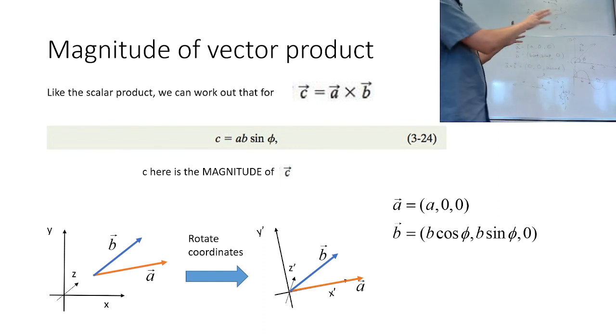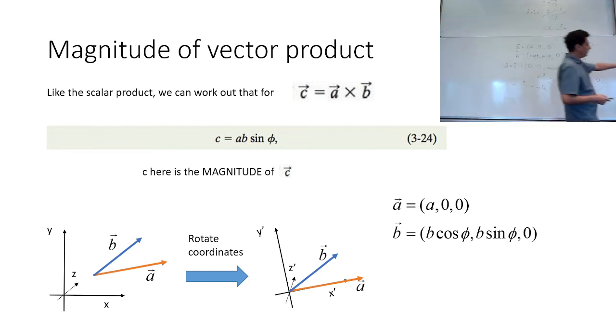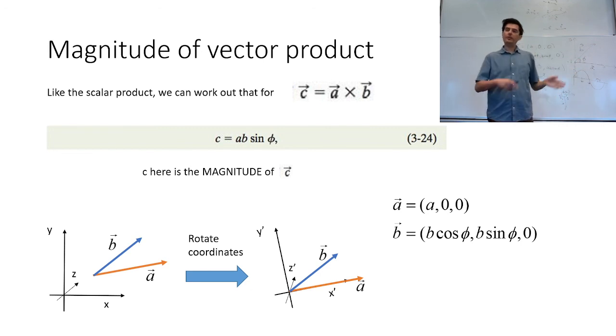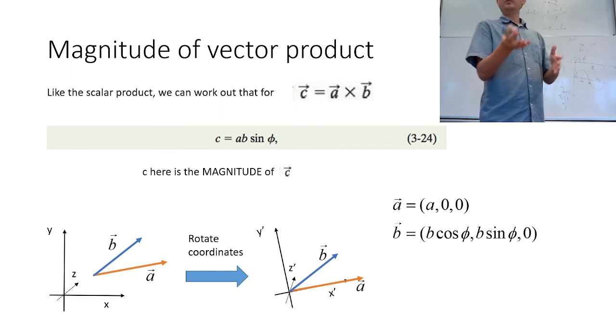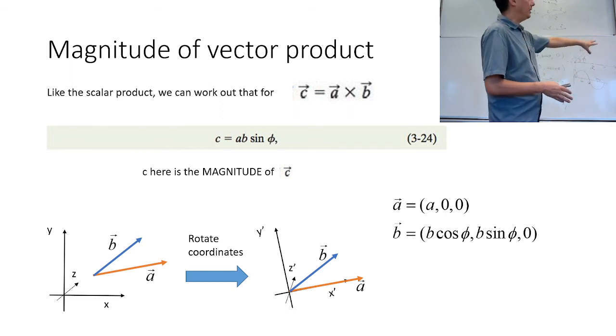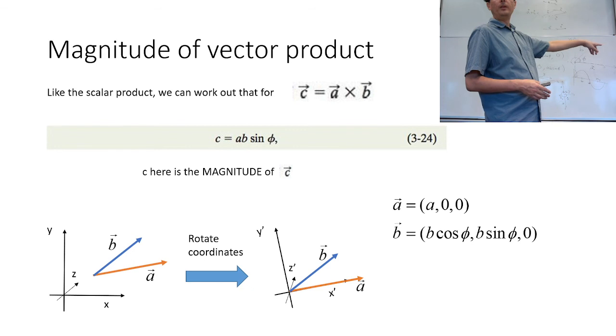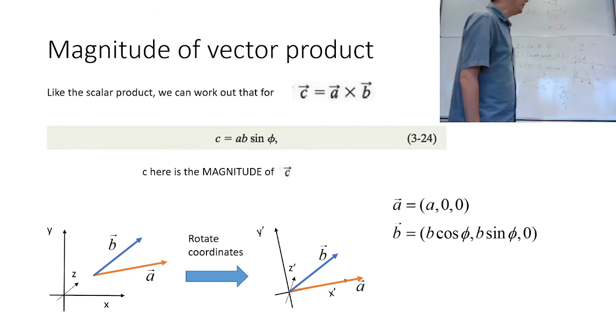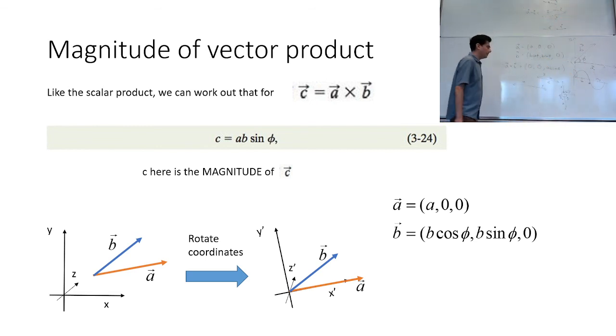And this formula is just looking at the magnitude anyway. The easiest way is to look at the smaller angle, and that would give you the magnitude. Then for the direction, you use the right-hand rule. So that's the line of thinking for this formula, where you work out the magnitude, and then you separately work out the direction.